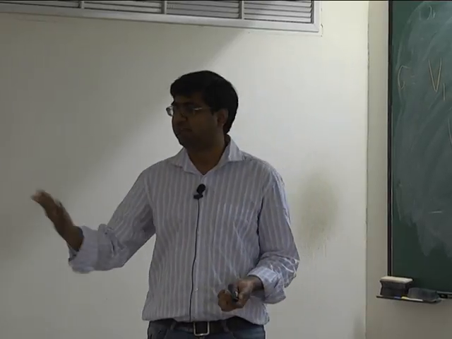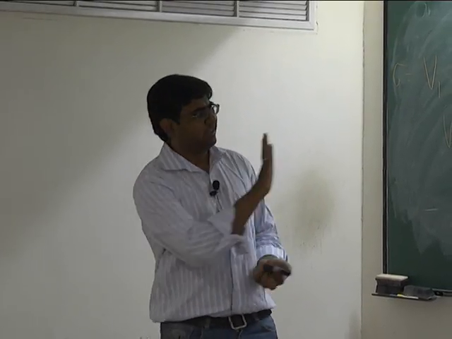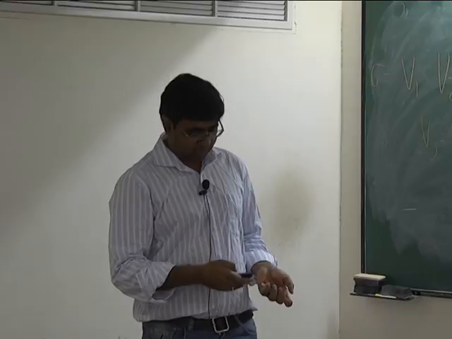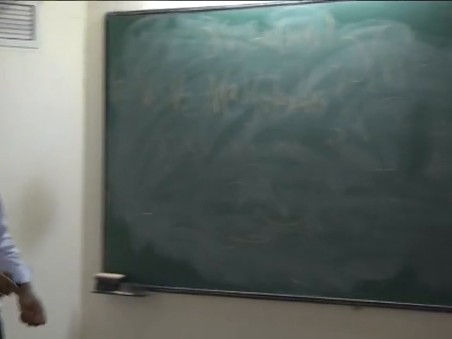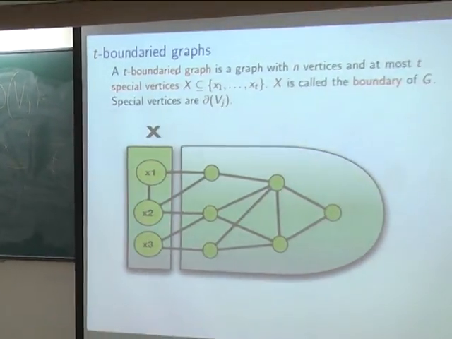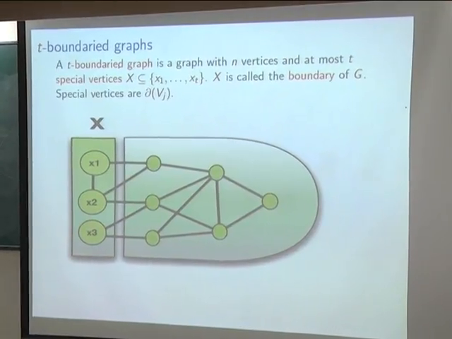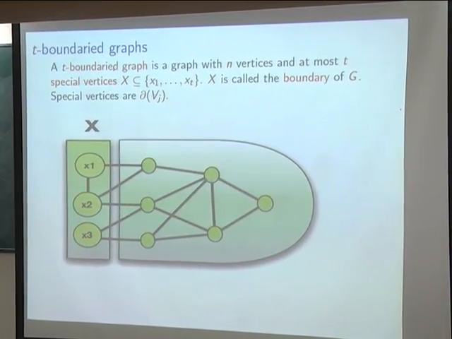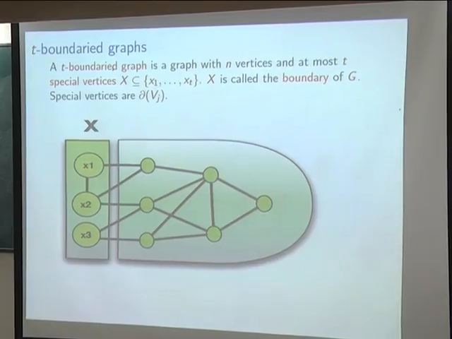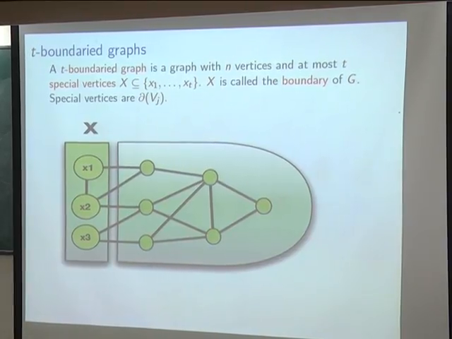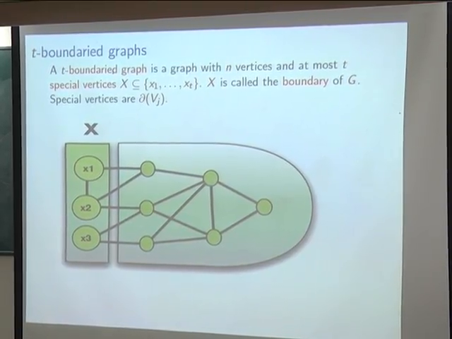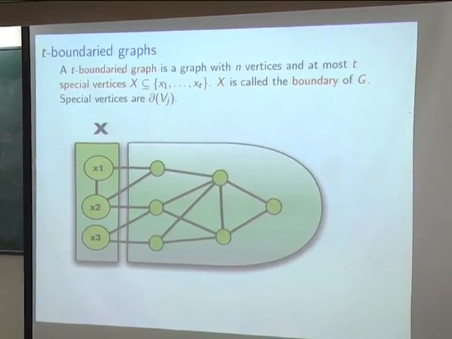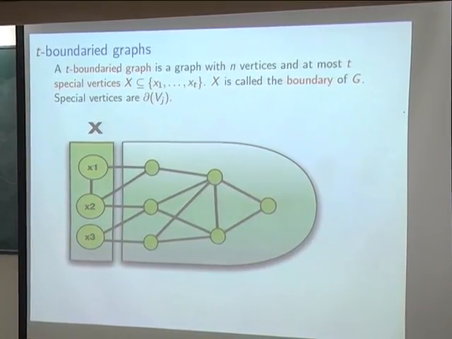I will tell you how to do things with this t-bounded graph in a minute, but that's the basic definition. For example, this is my graph, and these are my boundary vertices. If you are not able to think properly, then think that in this ordering, these special vertices are precisely those vertices which will be our boundary vertices.